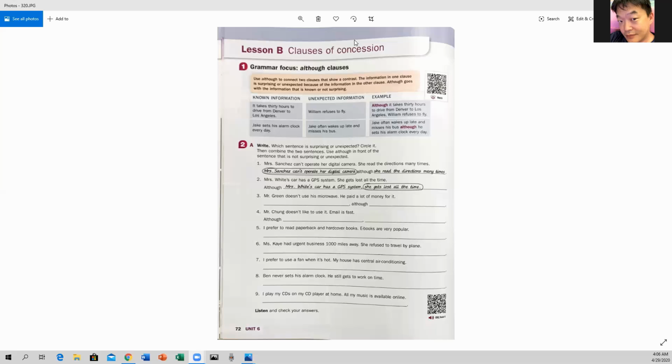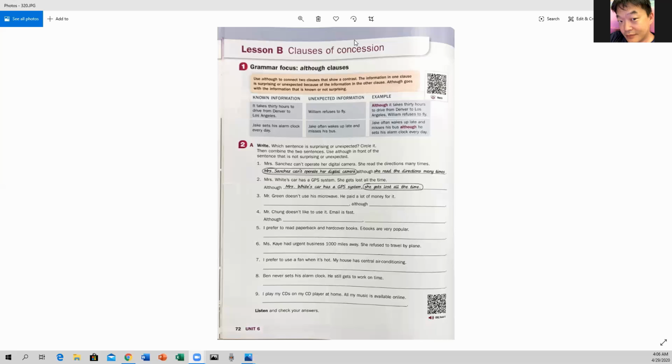Many are unfamiliar with the topics that we are talking about, especially this week when we talk about clauses of concession, clauses of reason. This is a little complicated, but I'm trying to make it as slow as possible and give you small doses and progress as we go through the pages of the book.